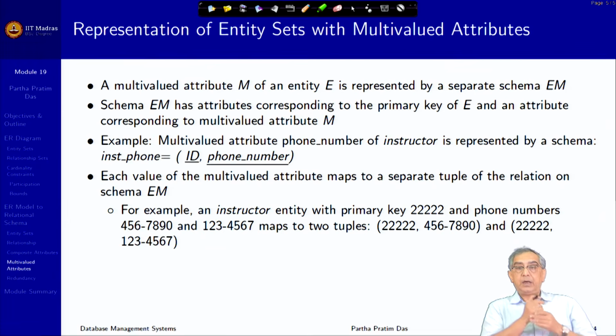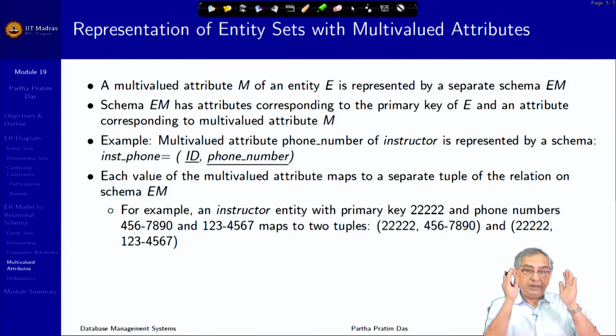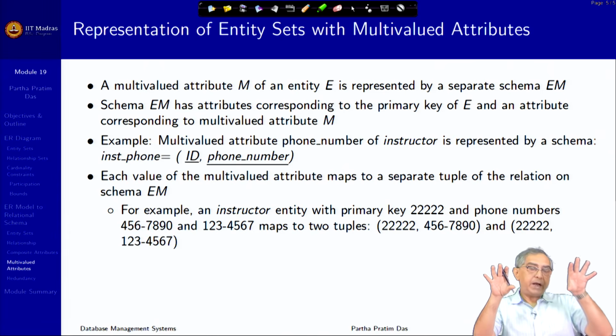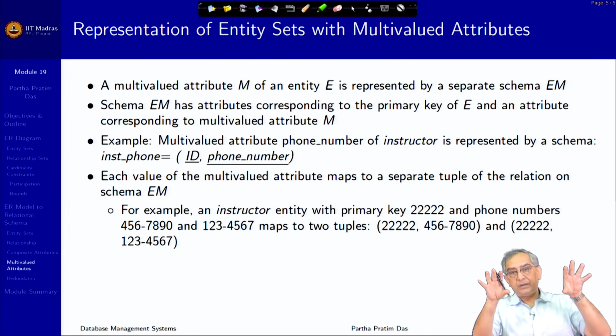So in the multi-valued phone number, what do we know? Between the phone number and the instructor, what is the type of relationship? It is one to many.